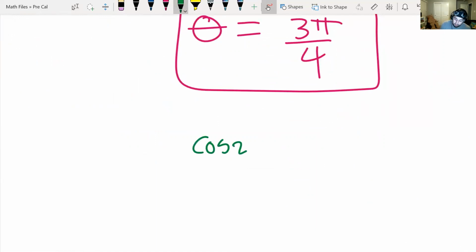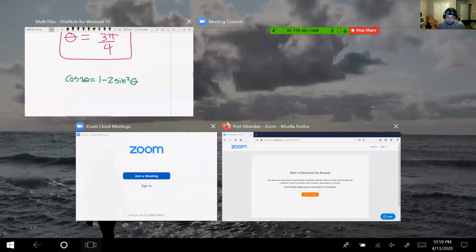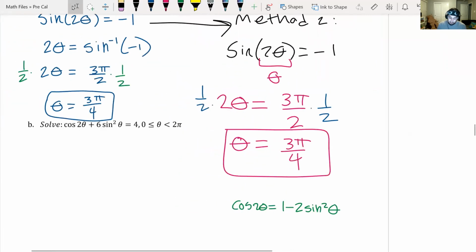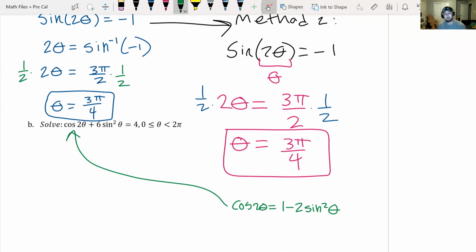Well, not all of them. I'm just going to use the one that I think I need. And we know that cosine 2 theta is also the same as 1 minus 2 sine squared theta. So that is what I am going to plug in for that cosine 2 theta.